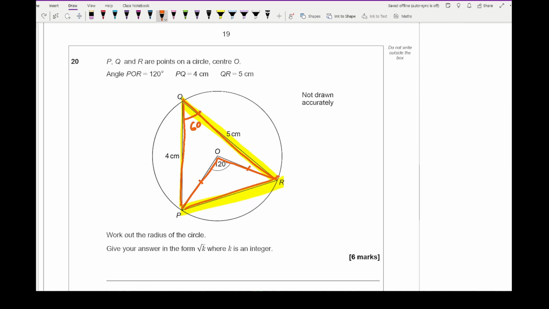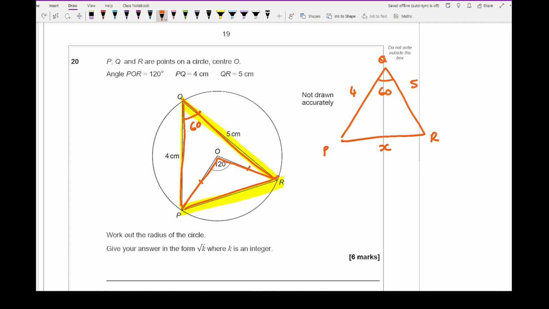So if I take that large orange triangle out and I just label the points, that's P, that's Q, that's R, and this is 60, I know that this is 4 and this is 5. So what I can then do is work out what this is.